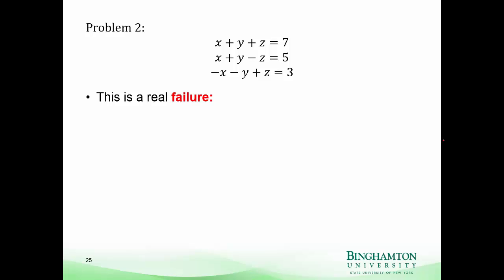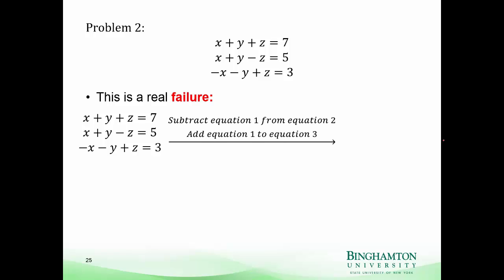All right, so that illustrated a temporary failure and how exchanging the order of equations can fix that temporary failure. But this one has a real failure in it. So just writing the equations, we see that we have a pivot of 1, coefficient of 1, so our multiplier is 1.